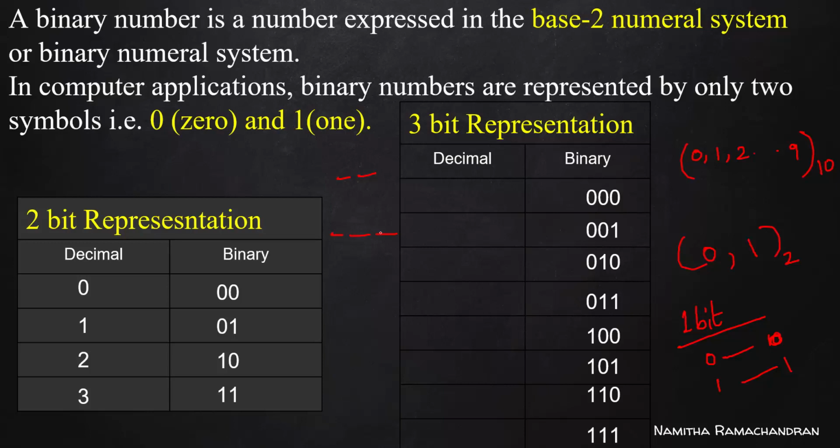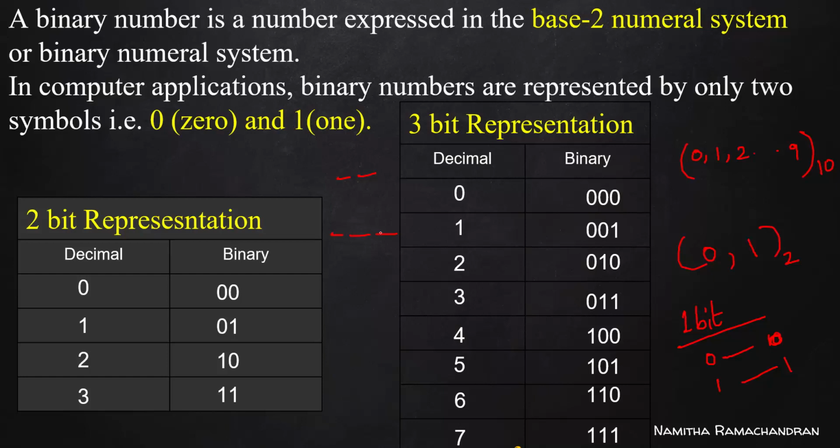The first one is 000, which is equivalent to decimal 0. The next is decimal 1, decimal 2 and so on up to decimal 7. That means using 3 bits we can generate 8 unique patterns, equivalent to decimal numbers from 0 to 7.